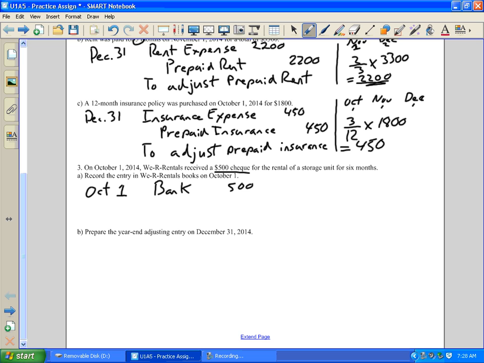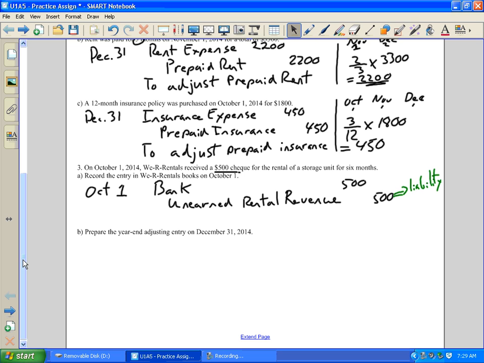And what we're going to credit is a new account called unearned rental revenue for $500. Actually, let me reconfigure these numbers just a little bit here. So bank is a debit for $500. Unearned rental revenue is a credit for $500. Now, what I want you to realize, and I'm going to write this in a different colored pen, just so we have it, is that this amount here is a liability.